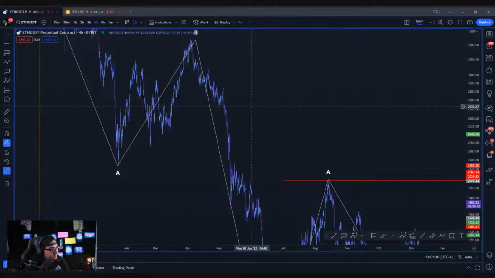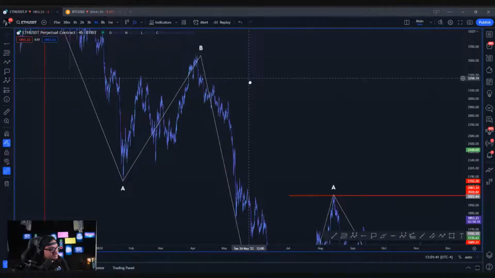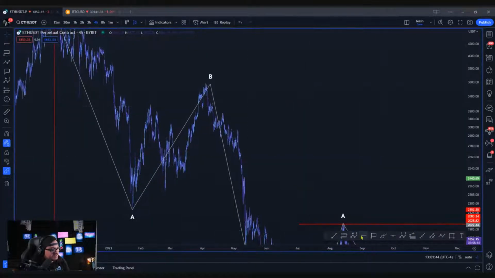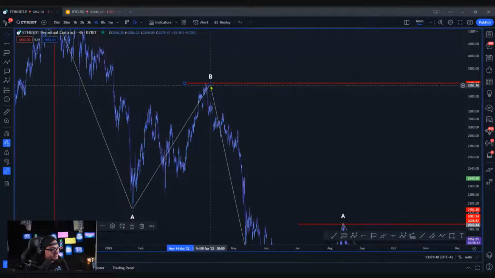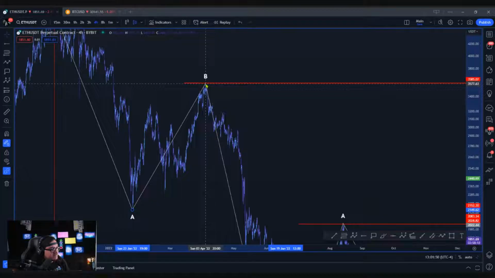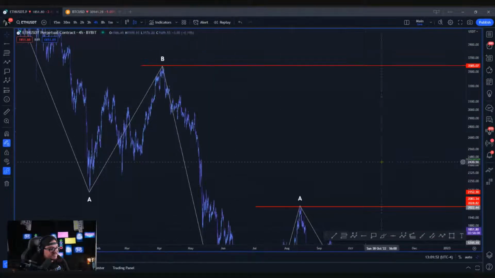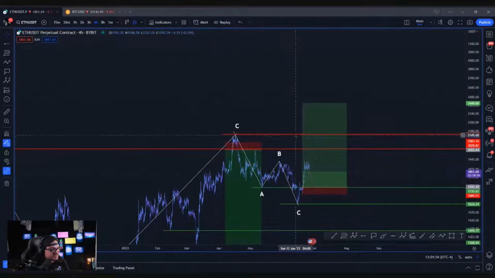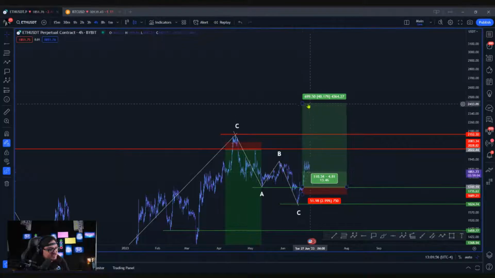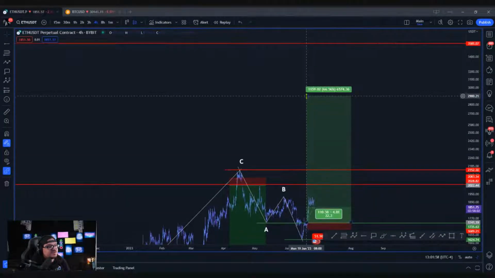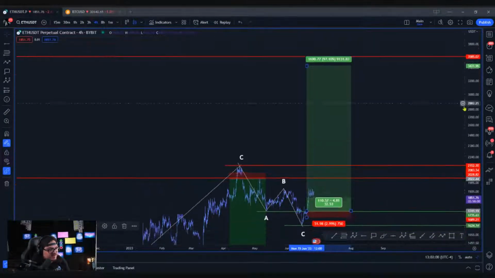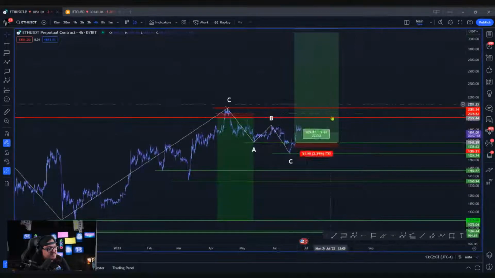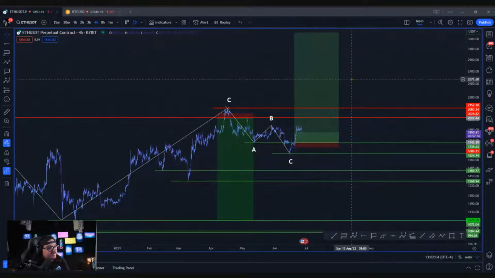Ultimately, the most important resistance that I see throughout this previous downtrend is around 3585. In my opinion, there's really no significant resistance, so I really don't see a reason why ETH shouldn't be able to retest higher. To me, that's going to be a much larger position I'm looking for.